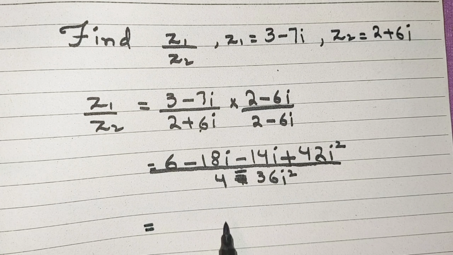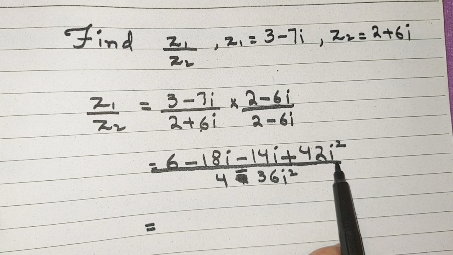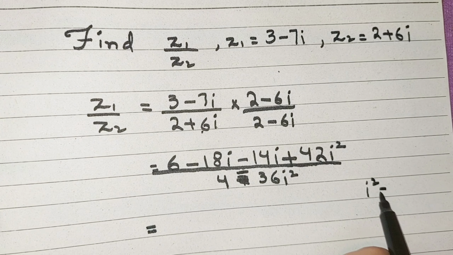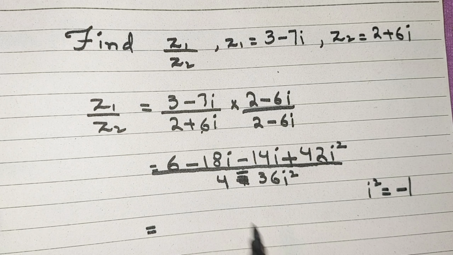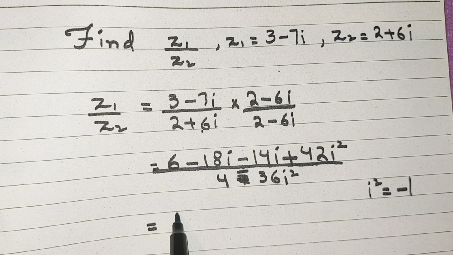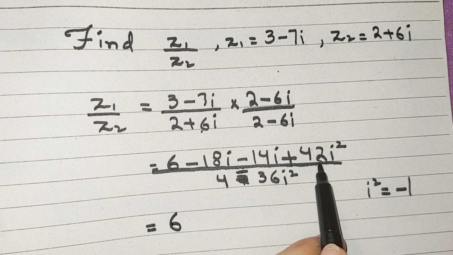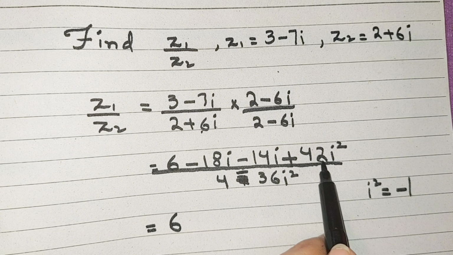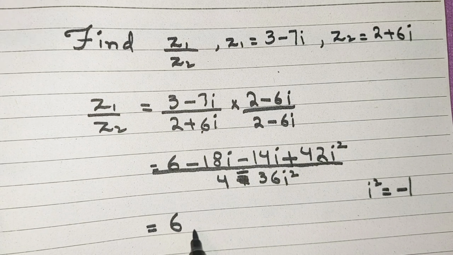So further, let's convert this iota square into -1, because we know that iota square is equal to -1 here. So we just write this 6 as it is, and when we convert this iota square into -1, this will become negative 42. So this means that we can write this real part with this one here.